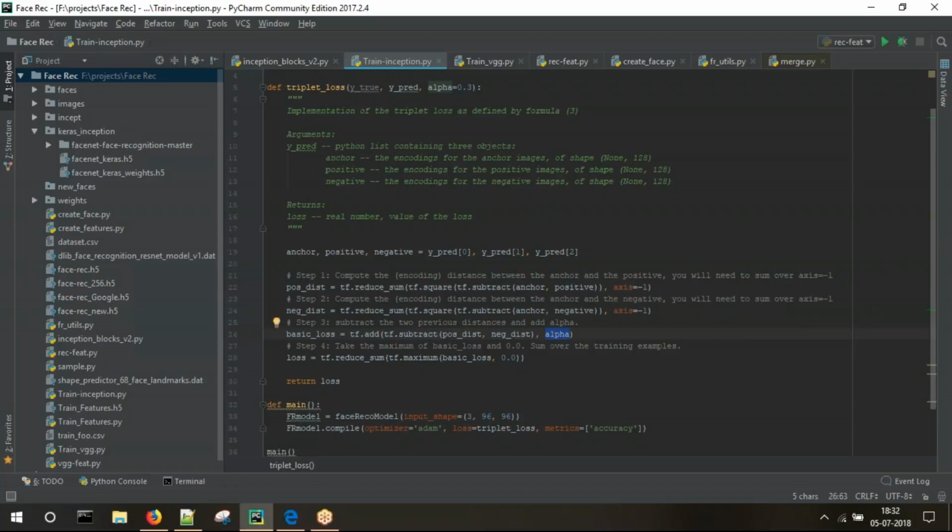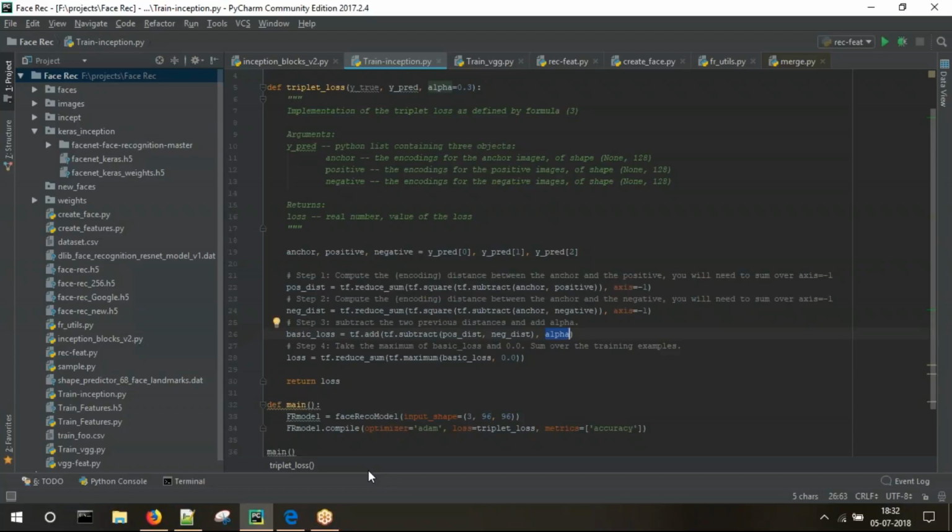This alpha is actually the degree of similarity between two images. If you are building a very accurate model, you need to make sure that only the authorized person passes, so you can keep this alpha very high. Then it will only pass the people who have almost the exact same face.